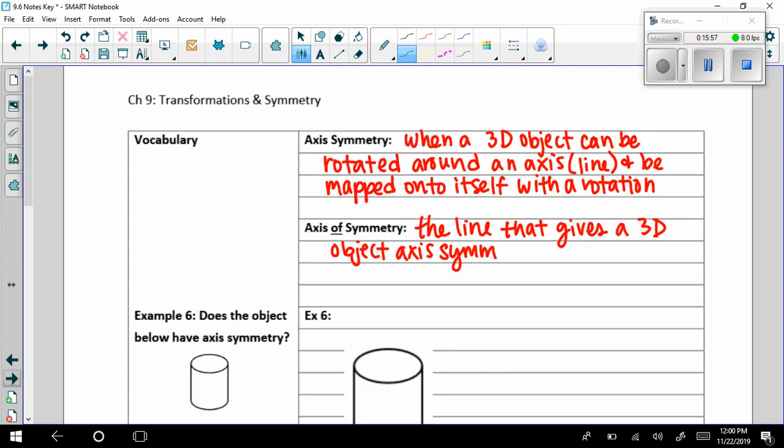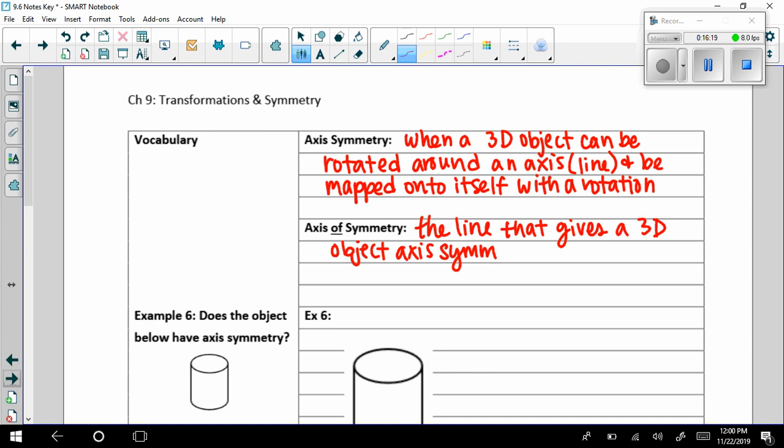Okay, and then last is axis symmetry, and this again has to do with three-dimensional figures. When a 3D object can be rotated around an axis or a line and be mapped onto itself with a rotation, then it has axis symmetry. So it's kind of combining line symmetry with rotational symmetry.